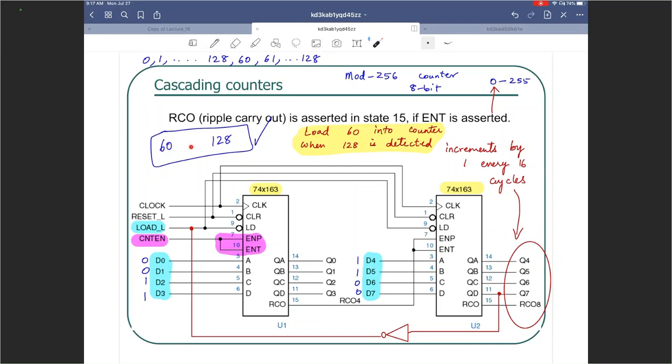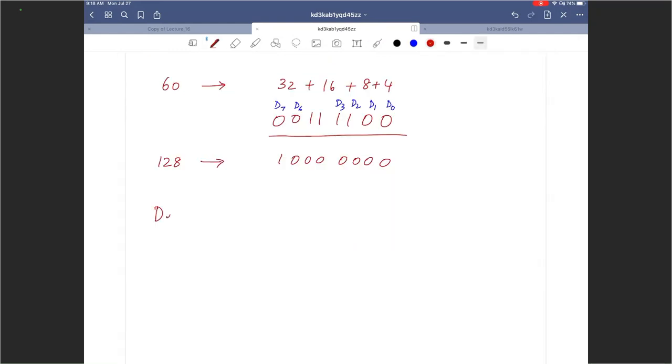And for detecting things, we used a NOT gate here. However, in general, a NAND gate is very helpful. So if you wanted to detect 1110, how would you detect 1110? I would simply take, say, let's call this QD, QC, QB, QA.